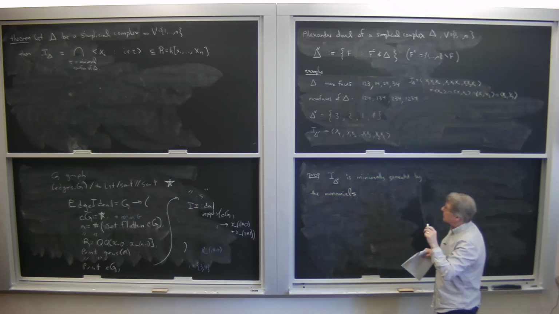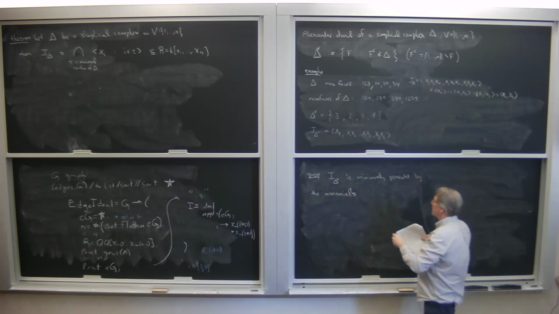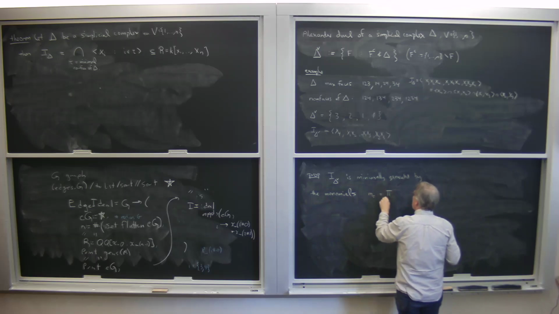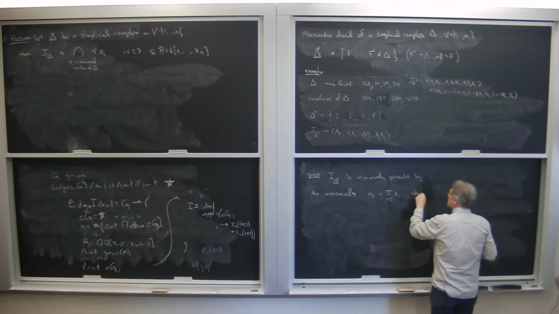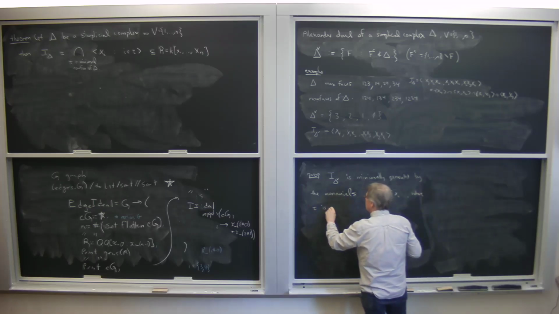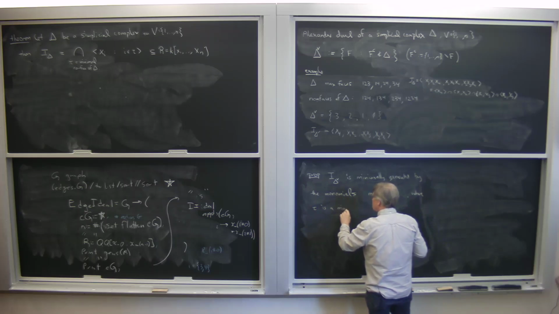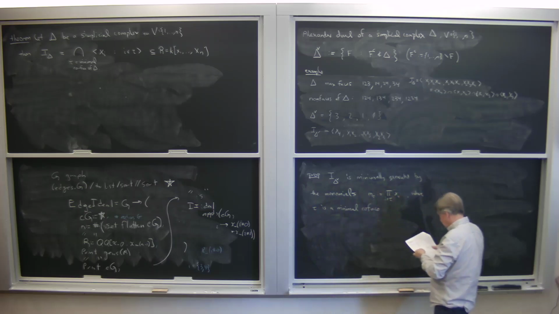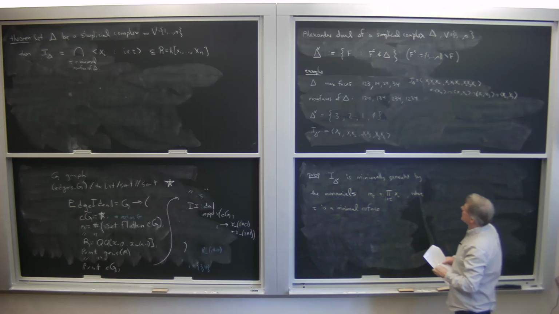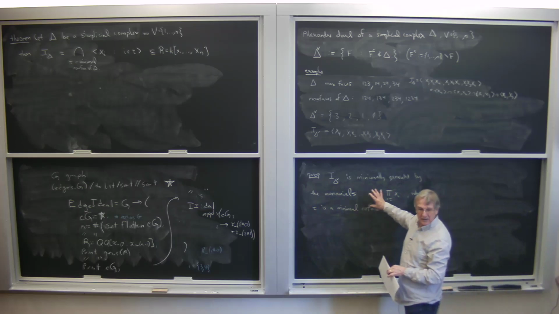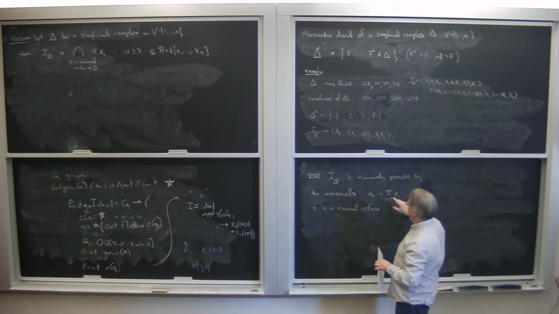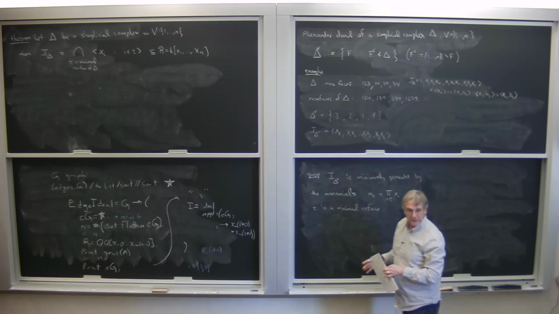Now, remember we were saying that we did the brackets last time. Now we're going to do the monomials m tau, which is going to be the product of xi over i in tau, where tau is a minimal coface. And this is the same indexing as the generators here, except that there's a way of going back and forth between them.